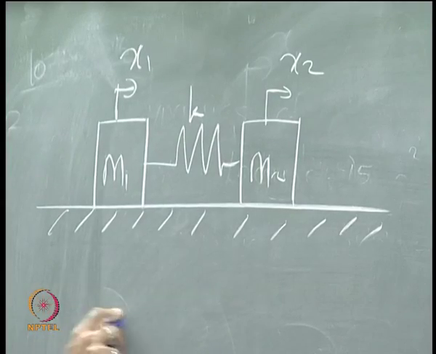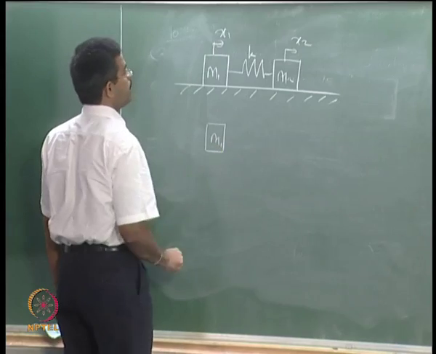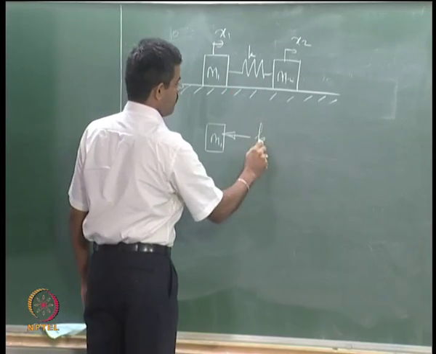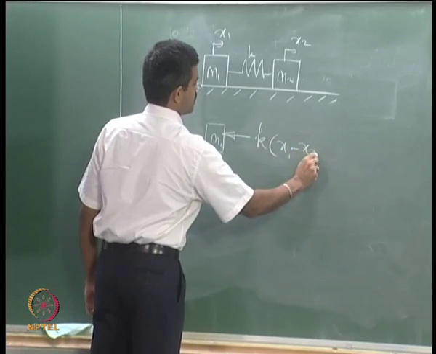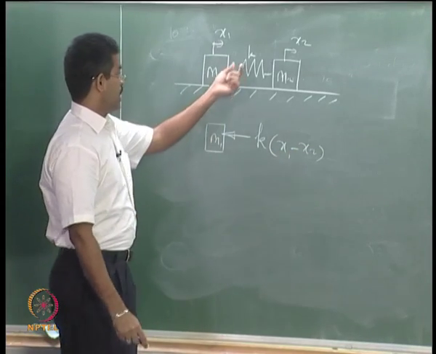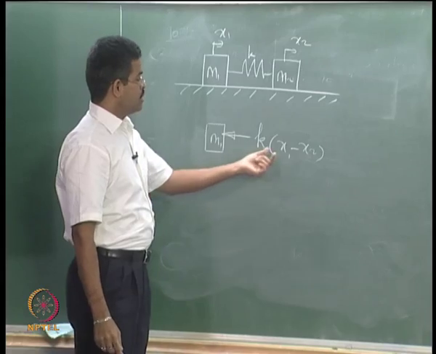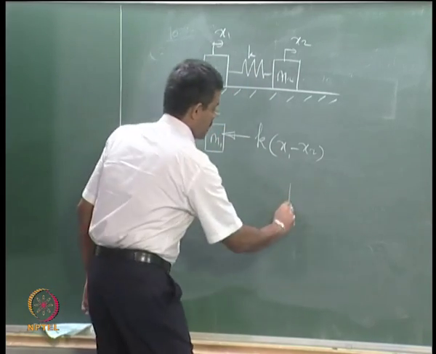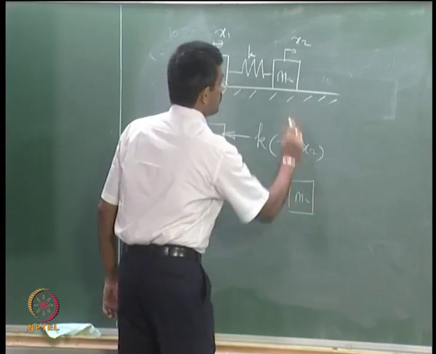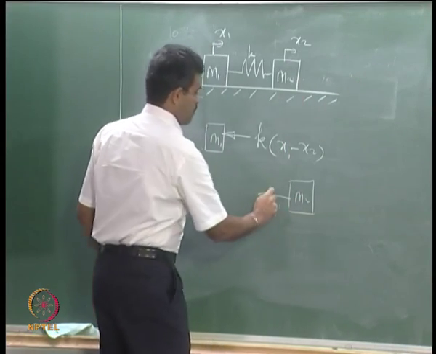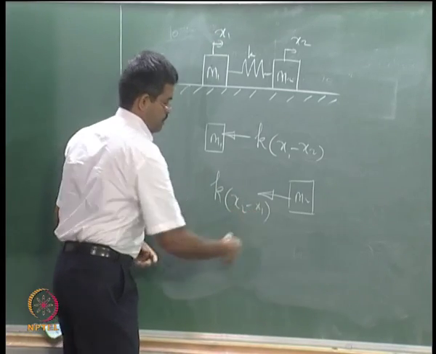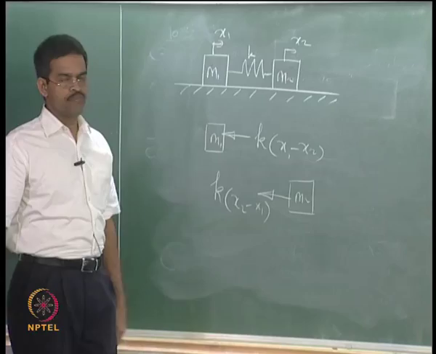If you take mass m1 separately and draw a free body diagram, the mass moves to the right and this spring will push the mass back, which will be x1 minus x2. As I said already, take the component of the stiffness here and use this coordinate first when it is relatively connected. Pick up the second mass m2: the mass moves to the right, the spring will bring it back, so it is again k of x2 minus x1. It is a very simple algorithm to remember.